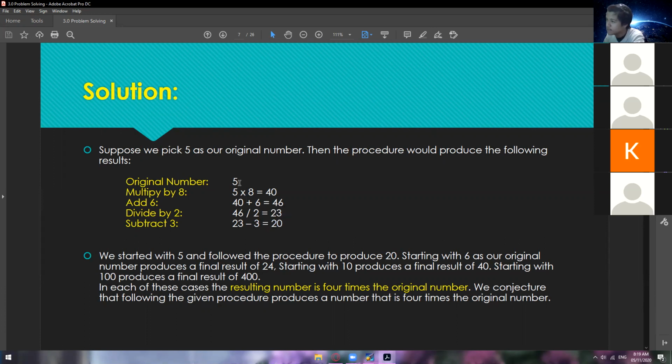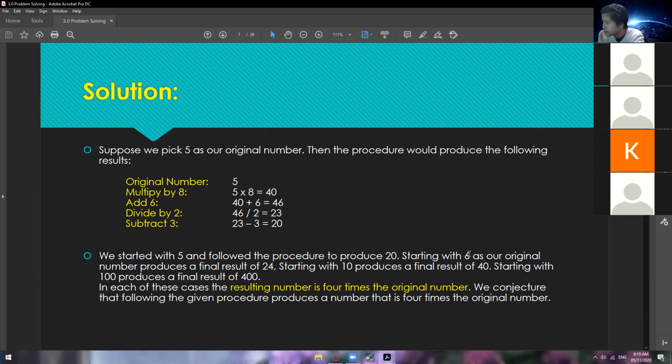As you can see right here, our original number is 5, and the resulting number is 20. So from here, we could say that we started with 5 and followed the procedure to produce 20. Of course you haven't realized it yet with only one result, so maybe you want to try another number instead of just 5.